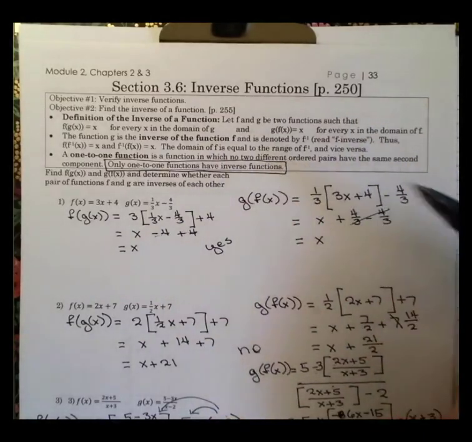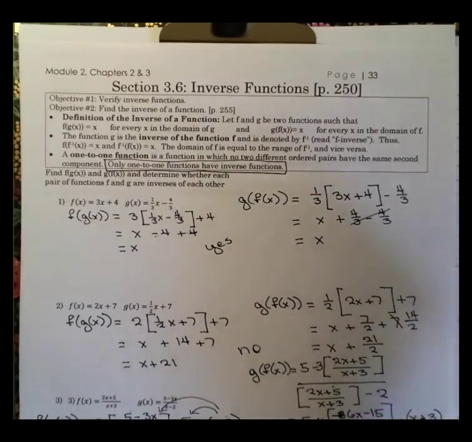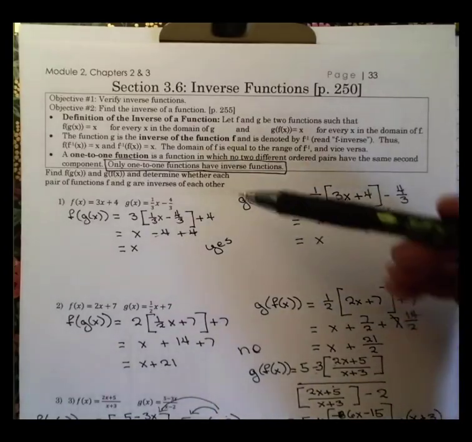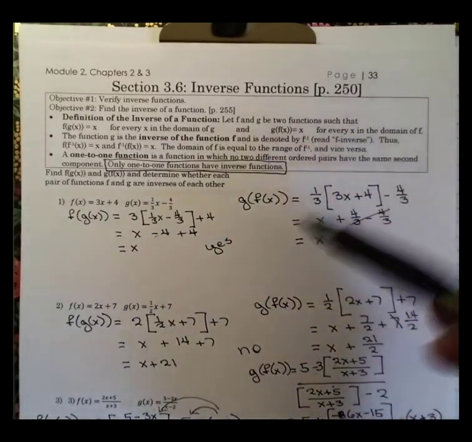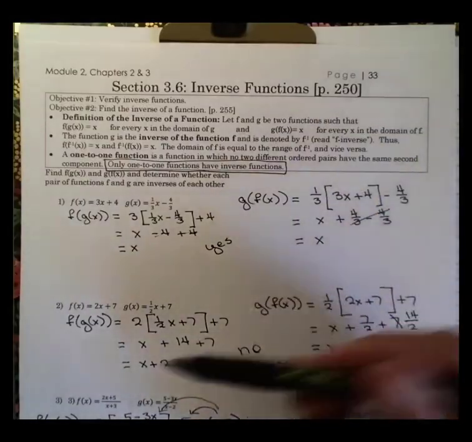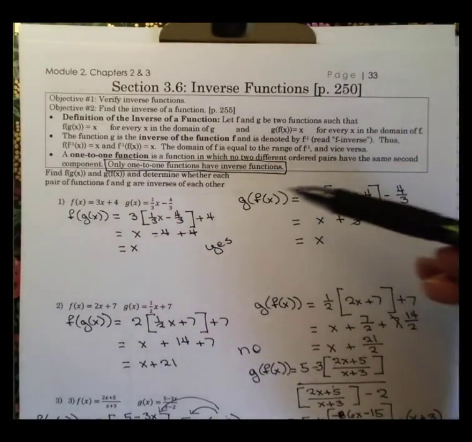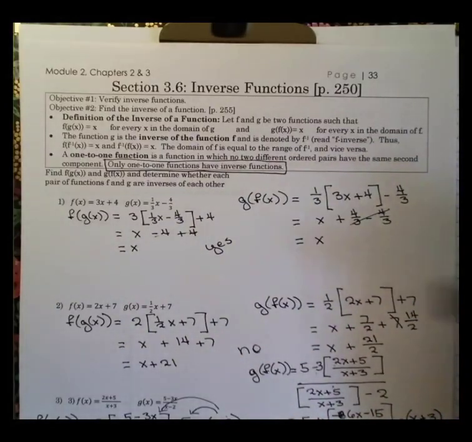Now, only those one-to-one functions will have inverses, but there are some functions that are actual functions, but they may not be one-to-one, such as a quadratic function. If you think about that, if you inverted it across the identity axis, that identity function, it would no longer be a function. And that's really what this is talking about. Do they have inverse functions or not?